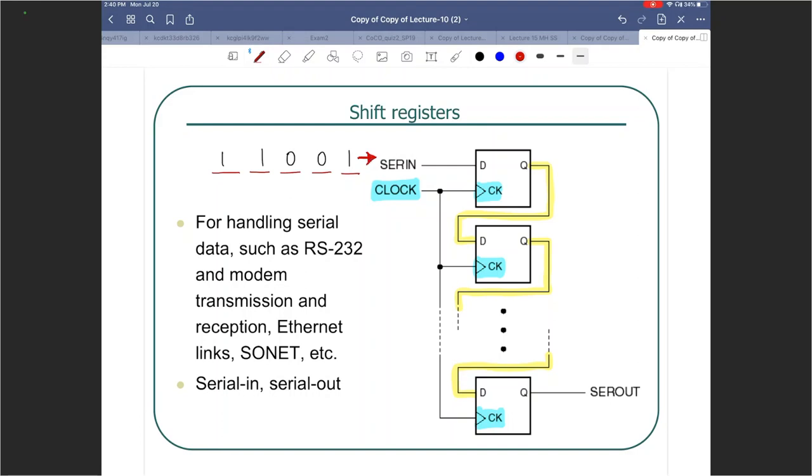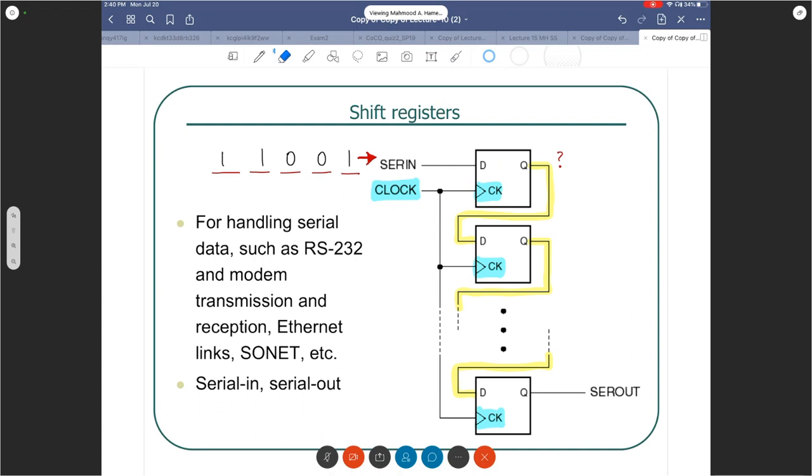So tell me what is going to happen here after the first positive edge of the clock. After the first positive edge of the clock, what is going to happen at the Q output of the top D flip-flop?